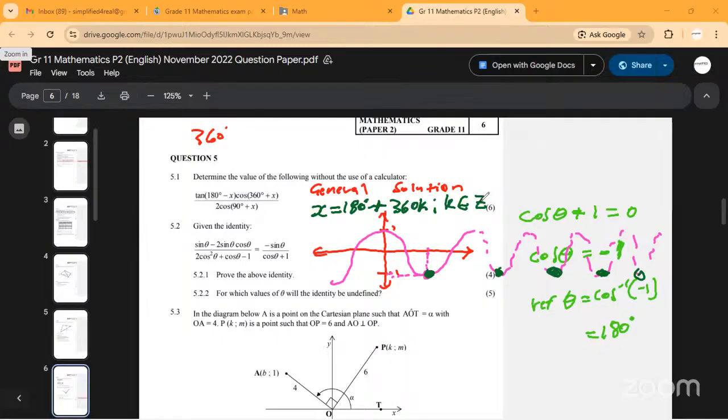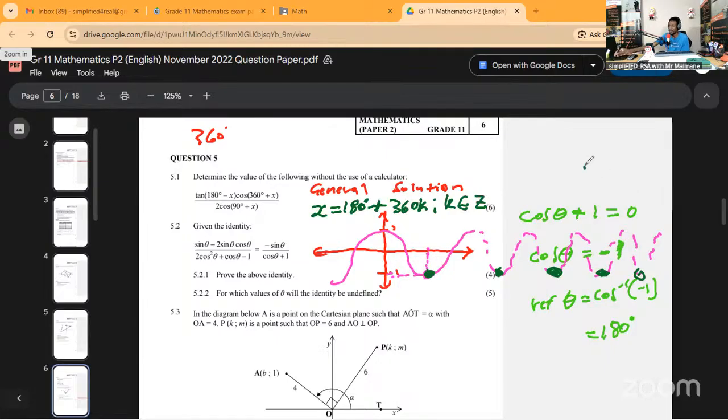I'm going to make a specific lesson about this, but for now, you must just know this is how you write your general solution. You want all the values where cos is minus 1, so you're looking for all the angles that include your initial angle. That's how you go with the solution.